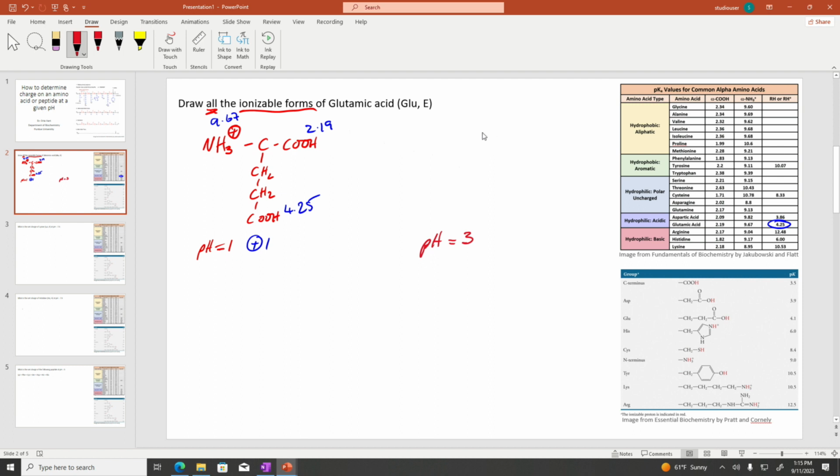And so at a pH of 3, we have our alpha carbon here. Your alpha amino is still going to be positively charged. Your alpha carboxylate group now is not going to be protonated because the pH is higher than that. So it's going to be deprotonated.